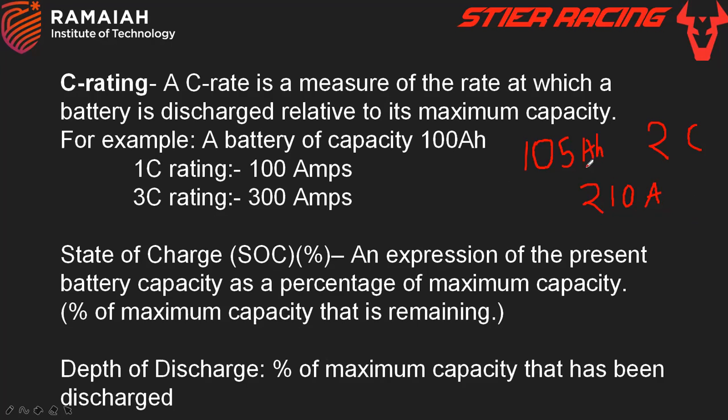This current is the maximum current I can draw from the battery. After 10 seconds, it is not advisable to draw 210 continuously, because the battery will heat up. So our nominal current will be 105 ampere, but our maximum current that can be drawn will be 210 ampere.